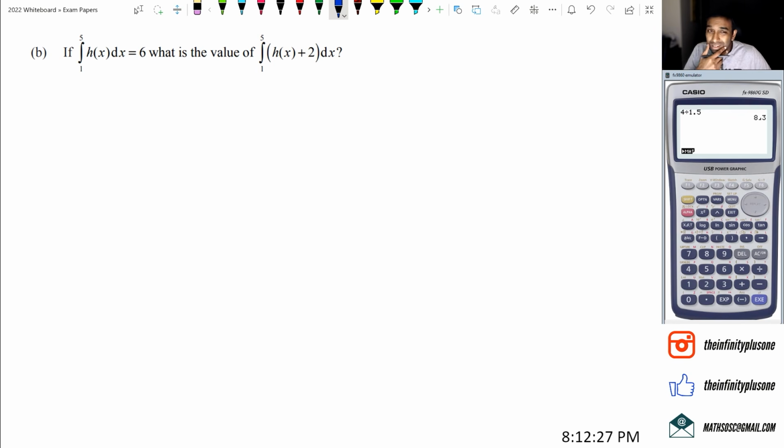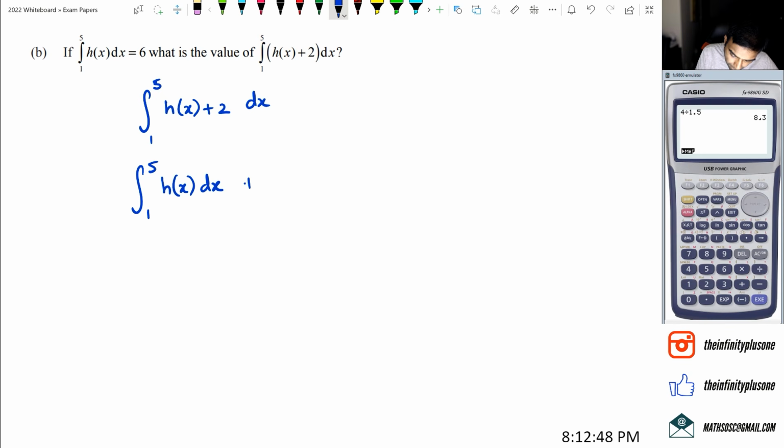So this question, like I said, I've not seen it in quite a bit of time. But what you can do when you have integrals, like h of x plus 2 dx, is separate it. So you can rewrite this as the integral of h of x dx plus the integral between 5 and 1 of 2 dx.